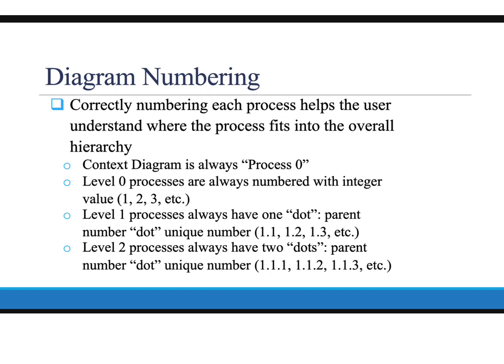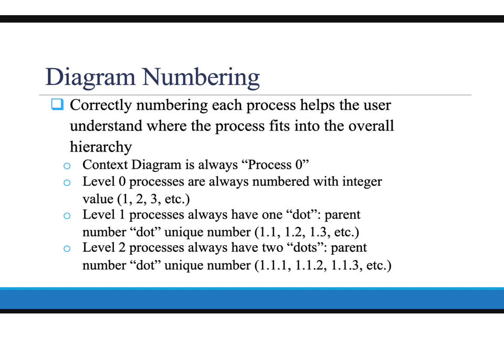Then we have the diagram numbering. We have already said that the context diagram is always process 0. Then for the level 0 diagram, you depict the main processes. It can be 1, 2, 3, or more, depending on what your system is solving. Then at level 1, you can decompose a process in the level 0 diagram by using a number.